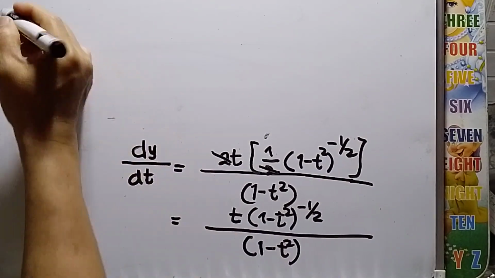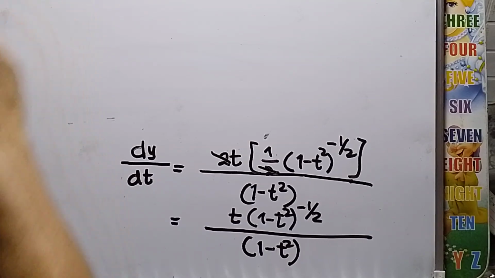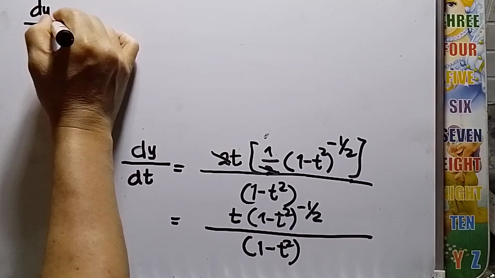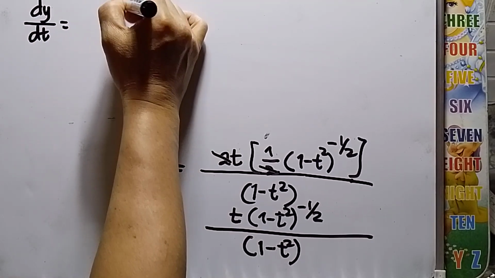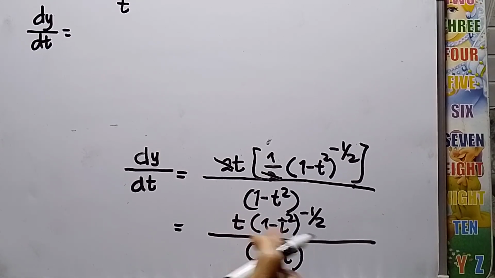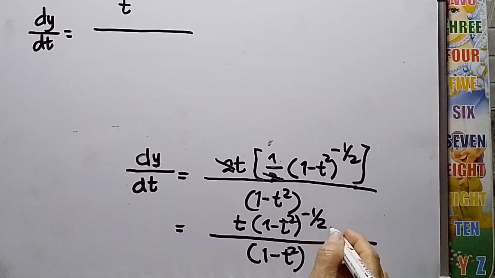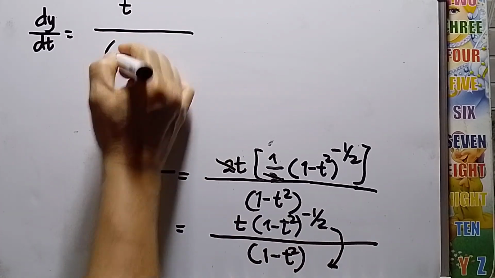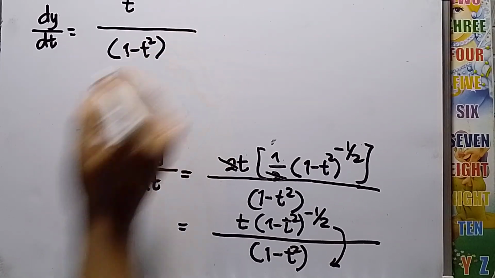So this one, first derivative, this will be t. So need to place the denominator to make it positive. So this will be t, and this will be down: 1 minus t squared raised to 1.